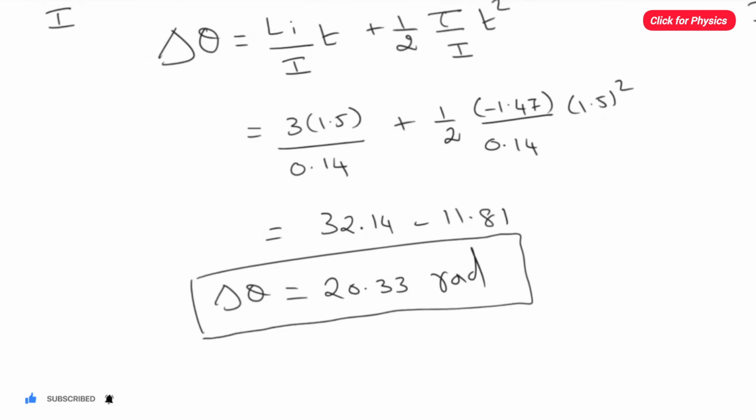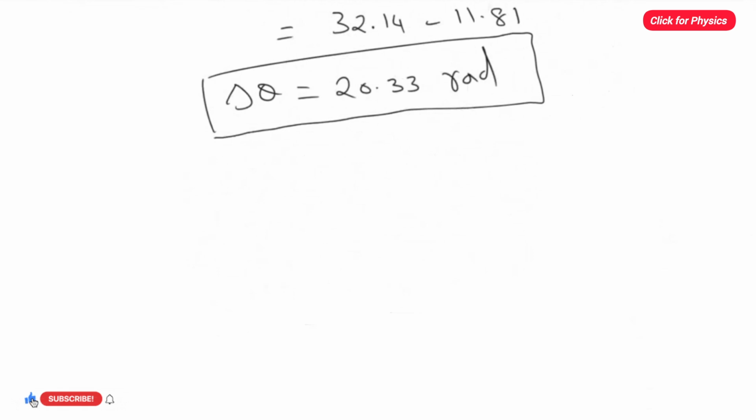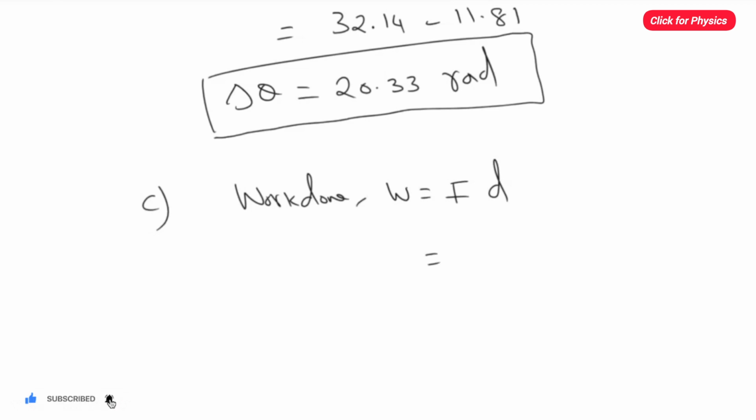And then in the third part, we have to find the work done. As we know, the formula for work done, W, is equal to F multiplied by D, right? Here F is the linear force and D is the distance. If you convert everything in terms of rotation, F is tau and D is delta theta. So now we have both values.